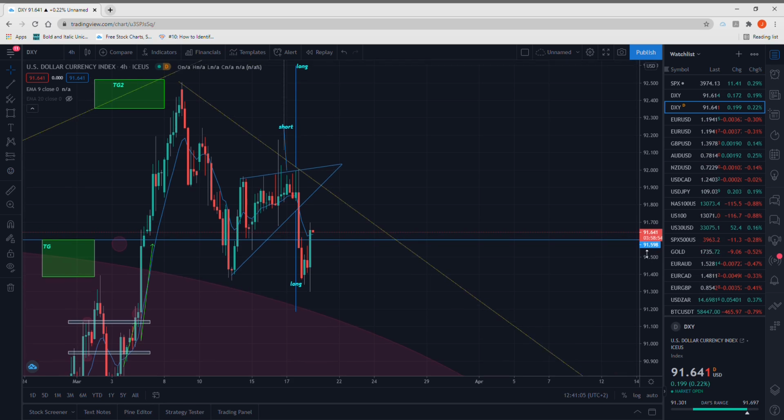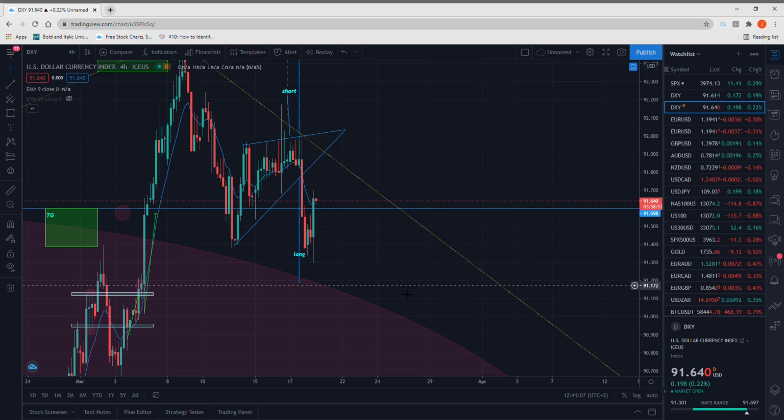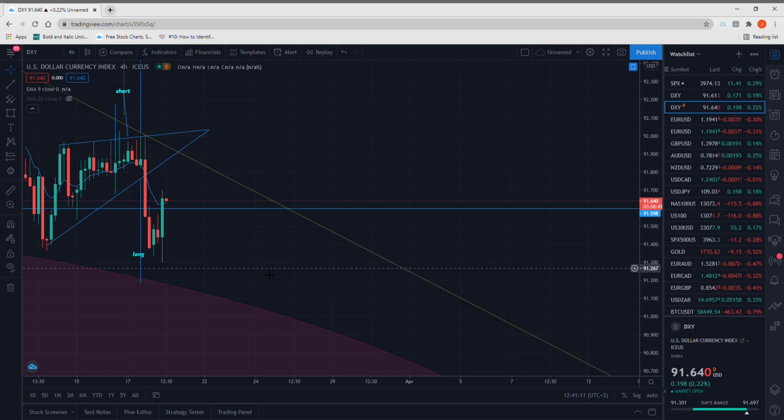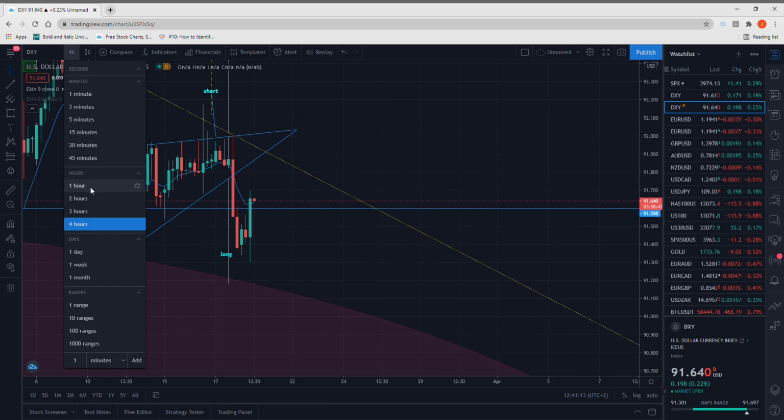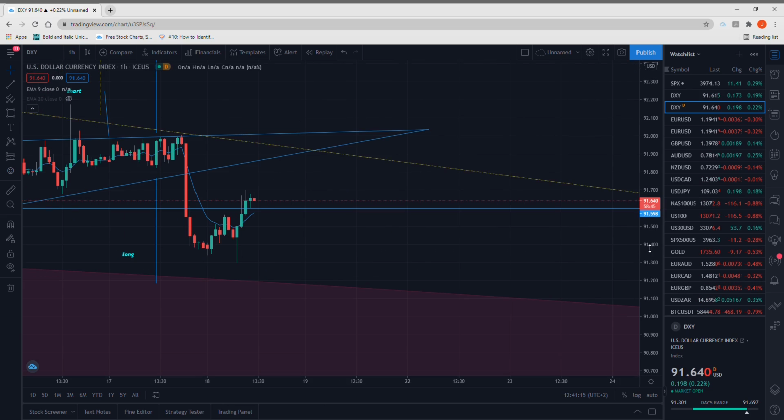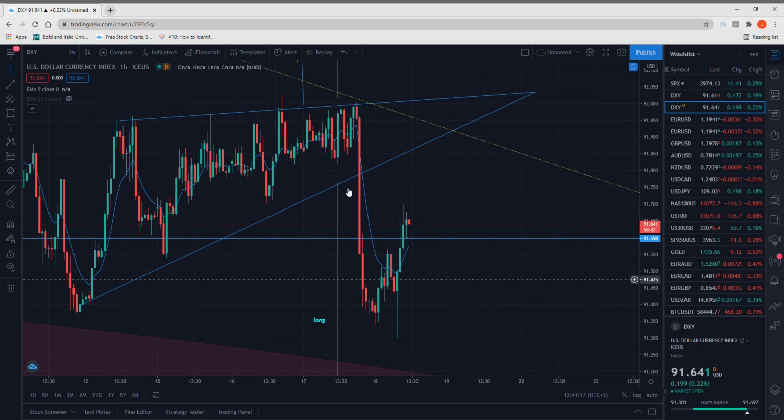As you can see, we have a small uptrend here for the dollar, a small bounce back from yesterday's FOMC news. Let me take you to the hourly chart. Here you see the FOMC, right here. This was FOMC yesterday, guys. I didn't check the trade, I forgot about it. I just put on the charts because I wanted to check what's happening, because I don't trade every single day, obviously.